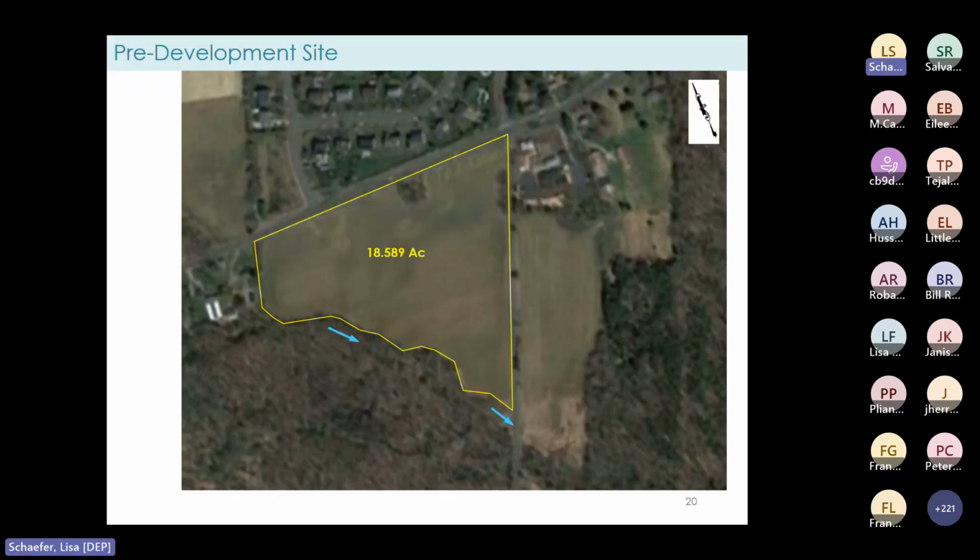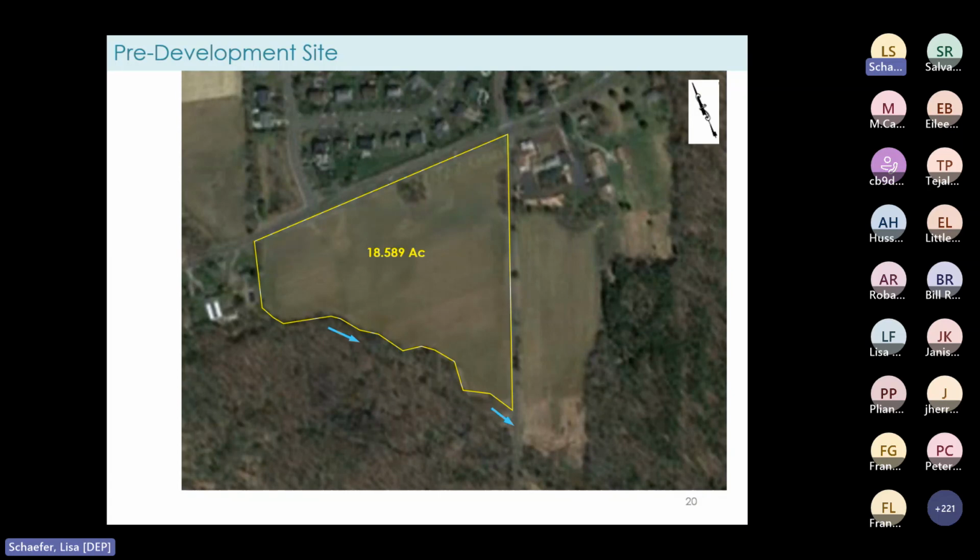The property in question is a farm that's been in existence for many decades. It comprises over 18 acres. The frontage road running east to west is a county route with sizable traffic volumes. The property is adjacent to some forested properties along the rear lot line, which is also a stream corridor for a freshwater non-trout tributary.